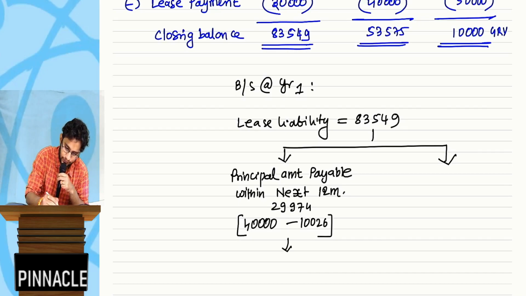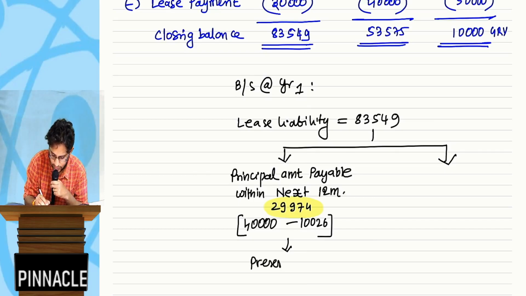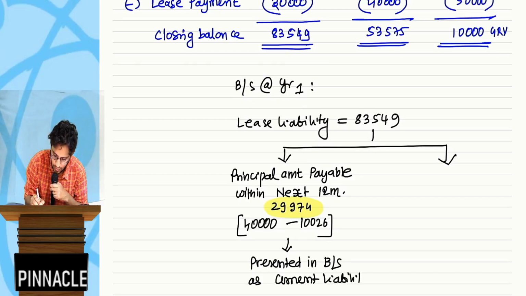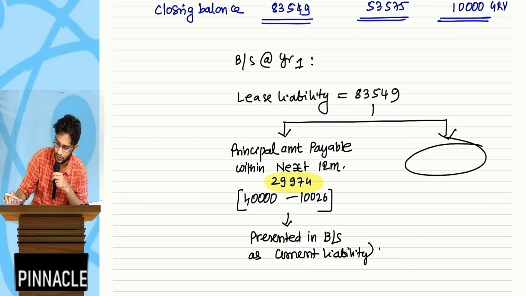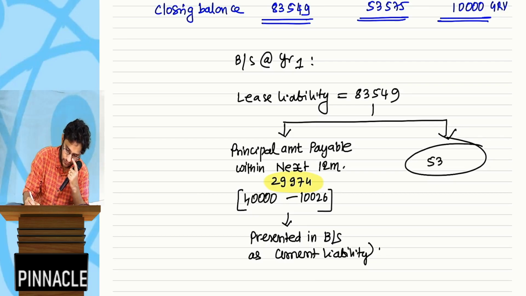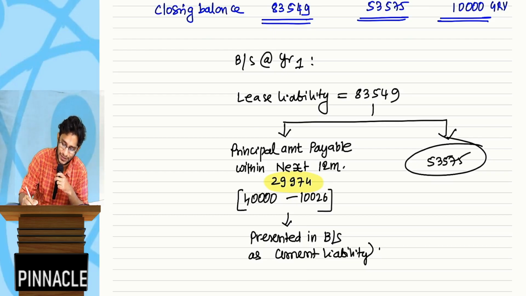This is presented in the balance sheet as current liability. Beyond this, whatever is there, you don't calculate, take the balancing figure. If you see the above table, you will understand what is that 53,575.